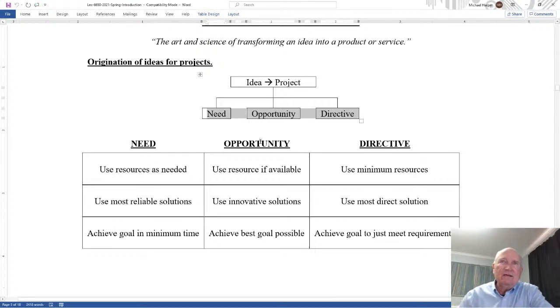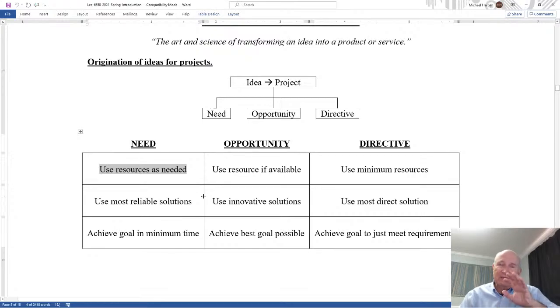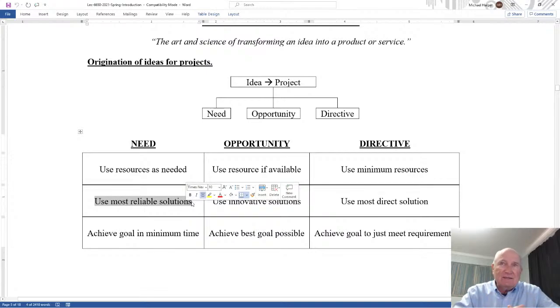For example, a need. You use your resources as needed. If you need to do it, just as needed. You have to do it. It's a need, so only as needed. Use the most reliable solutions because there's a need here. You have to get this done. I mean, it's a need, so you use your most reliable solutions to achieve that need.